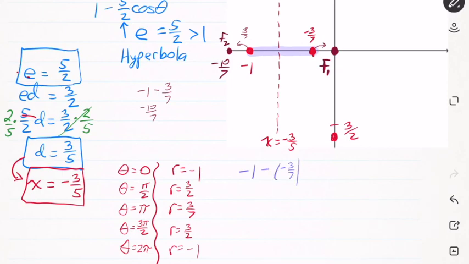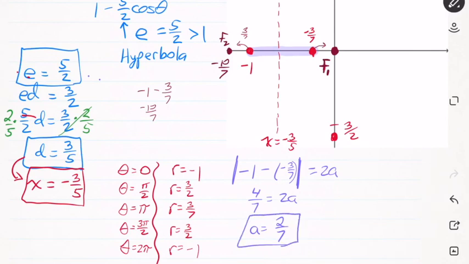Absolutely. And that's going to equal 2a. So that becomes -1 plus 3/7, which would be 4/7, is equal to 2a. And therefore a is equal to 2/7. All right. So that gives me what a is equal to.